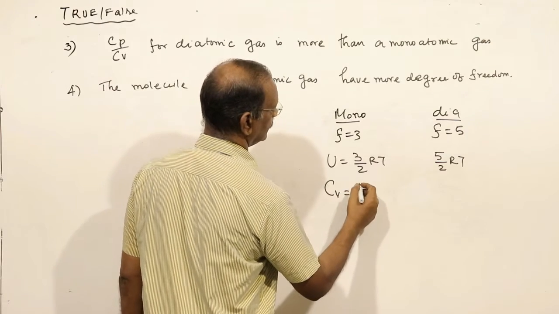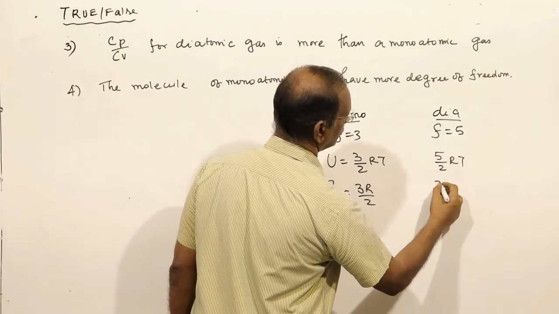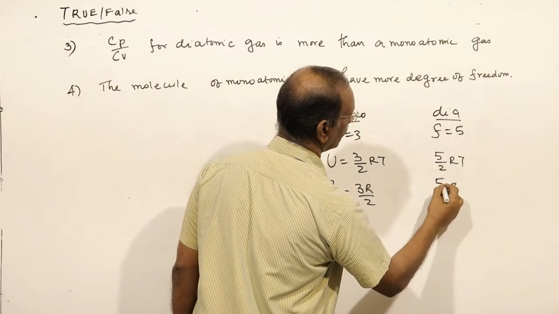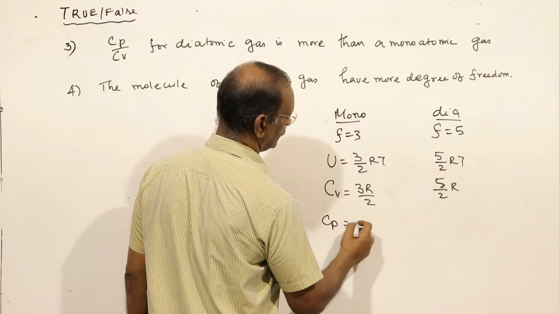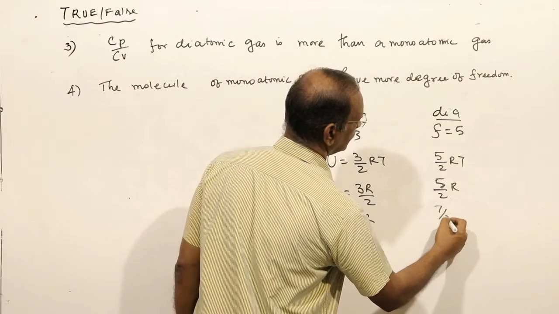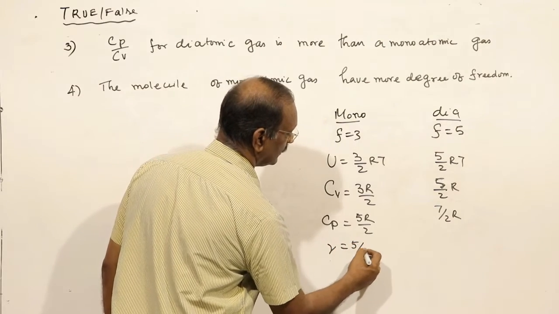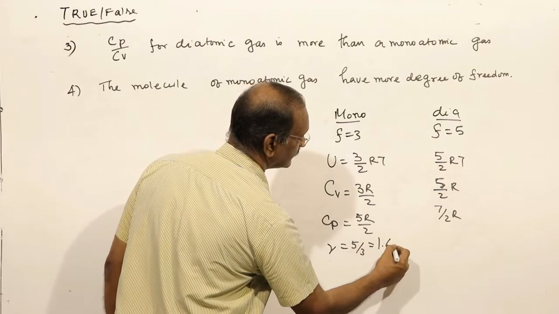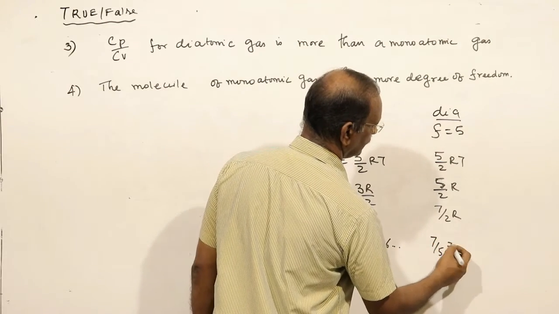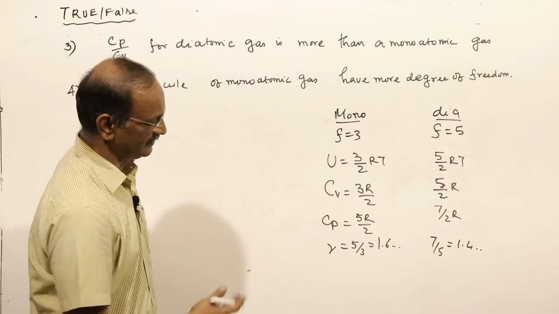Cv is equal to 3 by 2 R, and 5 by 2 R. Cp is equal to 5 by 2 R, and this is 7 by 2 R. Gamma is equal to 5 by 3, whose value is 1.6 something. Here gamma is 7 by 5, which is equal to almost 1.4. Calculation may be wrong, just check up.